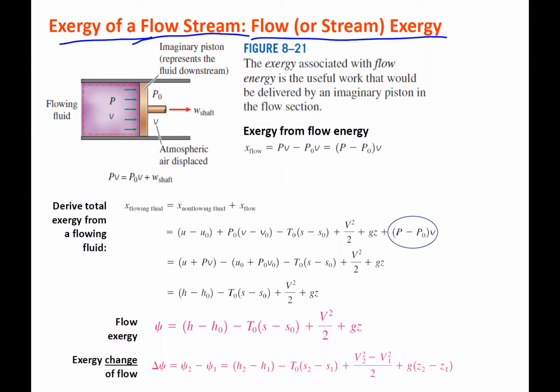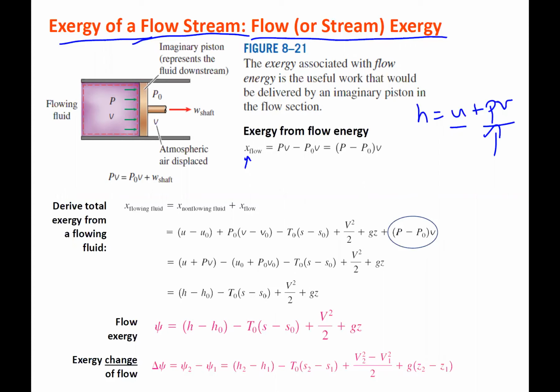That comes from going back to what enthalpy is: internal energy plus the flow energy. So we just need to figure out what the exergy is from the flow energy.